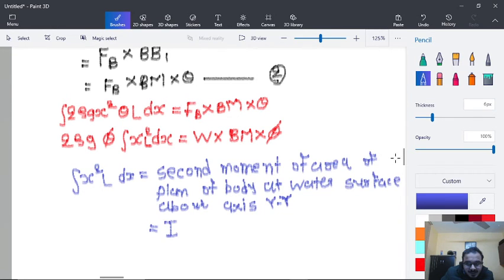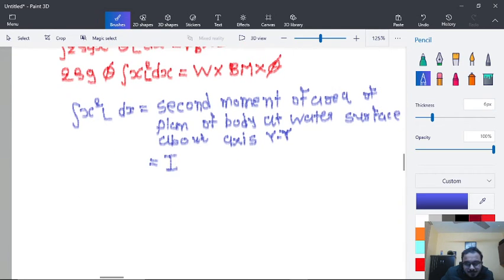So let me rearrange the terms. W into BM is equal to 2 rho... Actually here we need to account for 2 also, so 2 will not be there in the final equation.